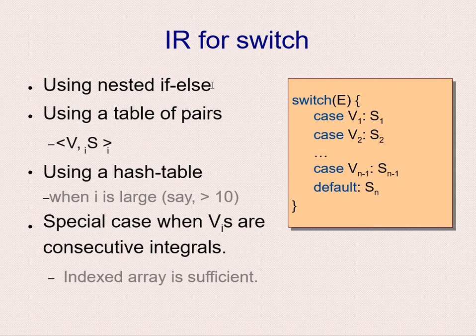Using nested if-else we can represent it, or using a table of pairs like vi and si. Using a hash table also we can represent it. There is a special case when the vi are consecutive integers.